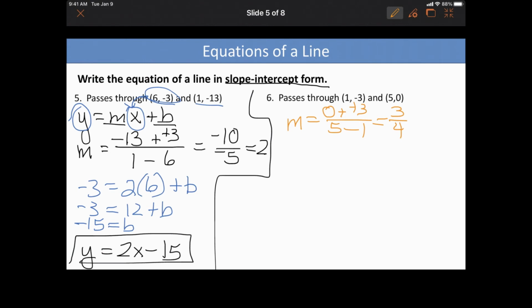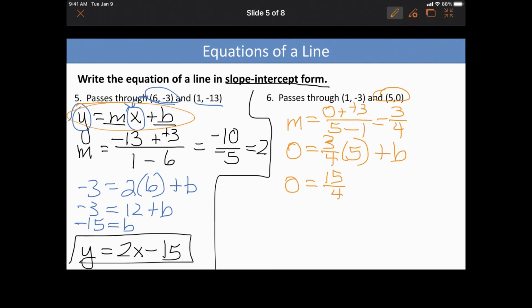Good. It gave me a fraction, which is fine, but I just want to double check my work. Looks good. So then I'm going to use this point. I like that it has a 0. So y, and I'm looking over here at this equation to help me. 0 equals 3/4 times 5 plus b. And say, Miss Mendoza, that's a fraction. Yep, sure does.